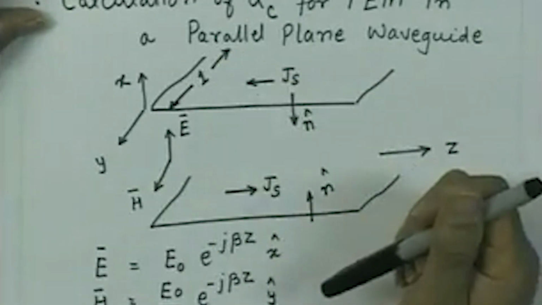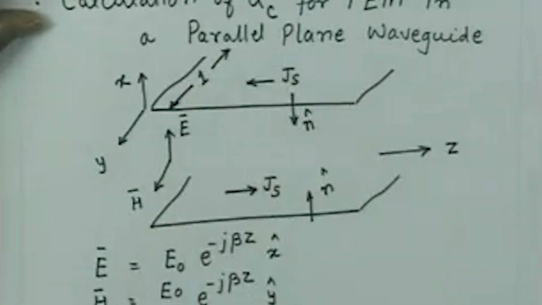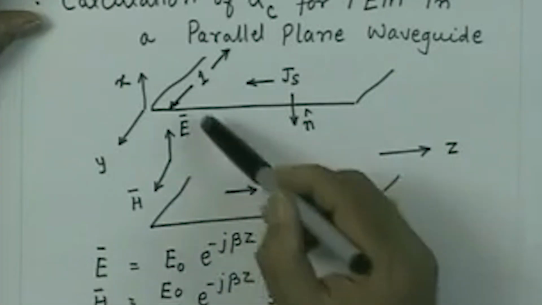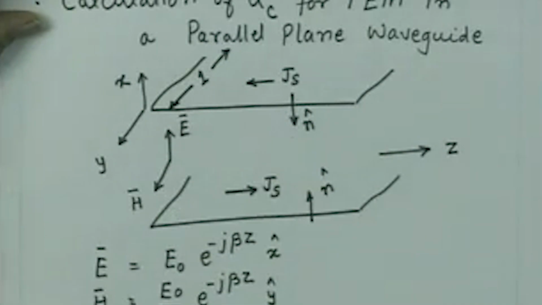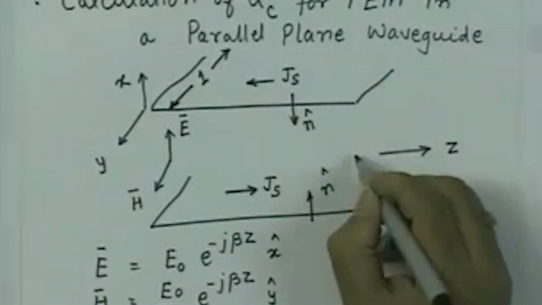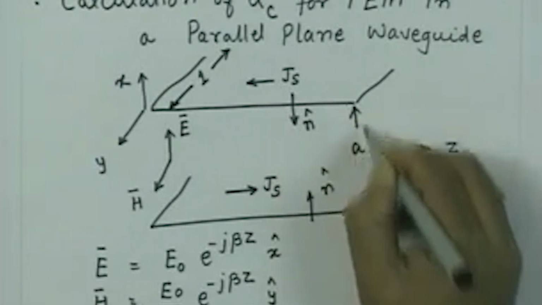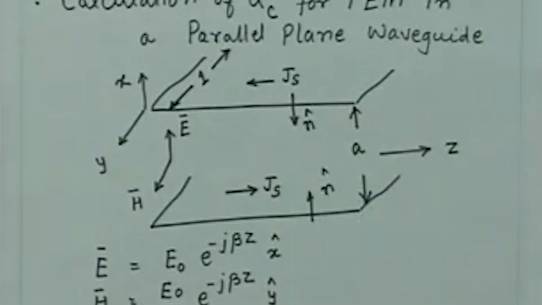So, for unit width of this waveguide, the power carried by the waveguide per unit width will be simply half E cross H conjugate integrated over the cross section, which is having a height which is A or D, and width of the waveguide which is equal to unity. So, let us say I have the height of this waveguide which is given as A, then the power carried by the waveguide per unit width.